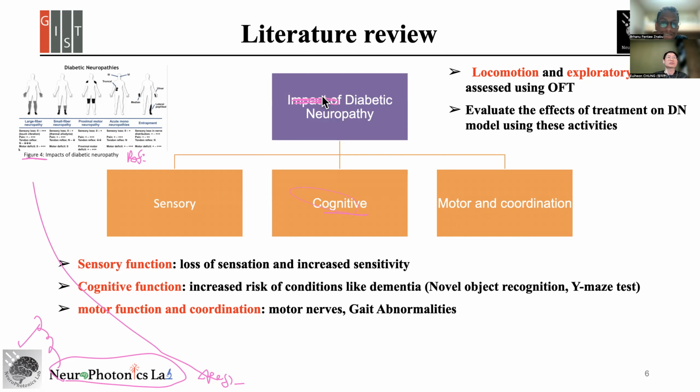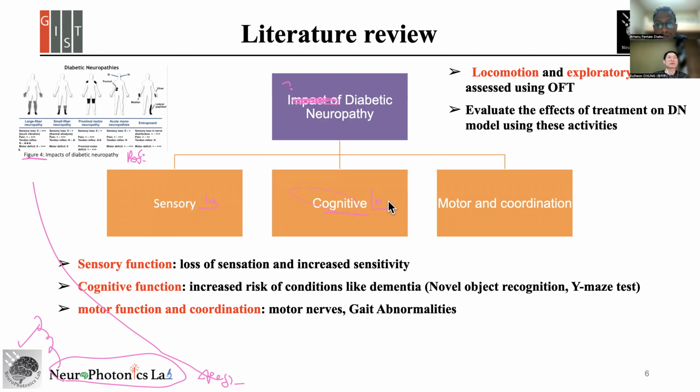So find a proper word. Just put, let's say, sensory functional loss, cognitive dysfunction risks, and motor and coordination problems of diabetic neuropathy, or something like that.